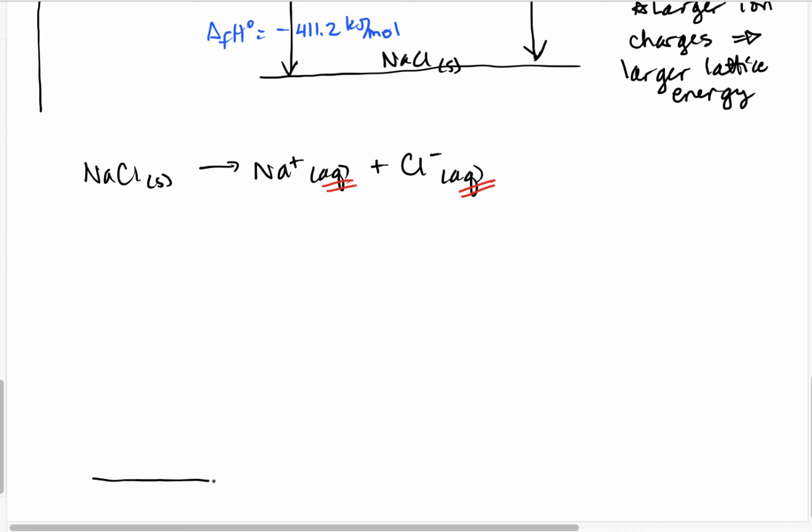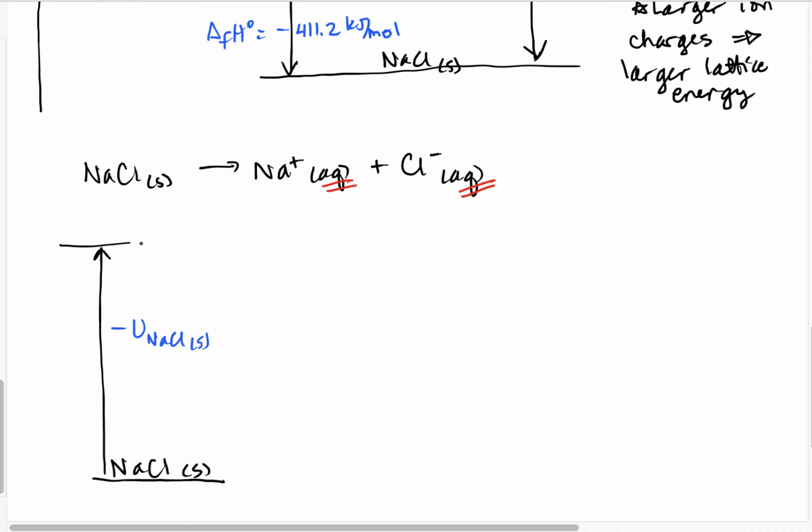So we just said that in order to get from where we are to where we want to be, we're going to take this solid, we're going to undo the lattice energy. So this is going to be minus U of NaCl, and that's a solid.